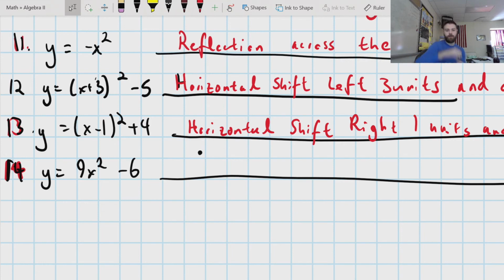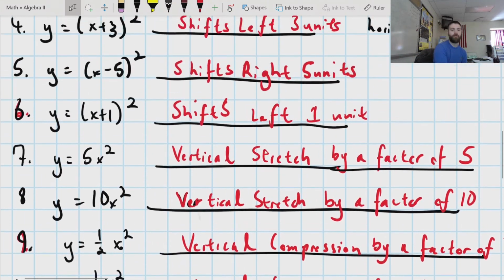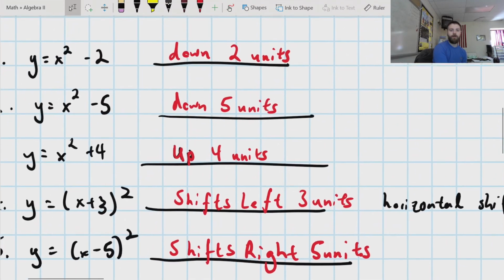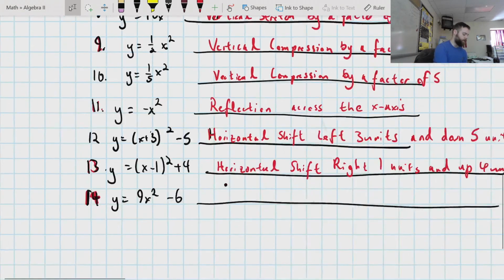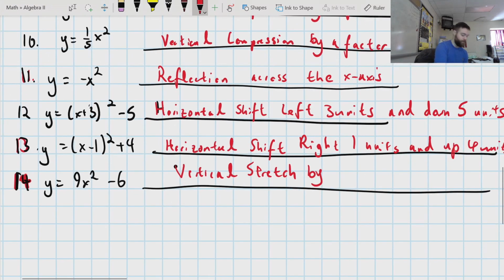So this one's going to be stretched. And then I've got a subtraction of 6 at the back. So if we remember when we subtracted numbers from the back like 1 and 2, it shifted the function down. So what this is going to be is a vertical stretch by a factor of 5.